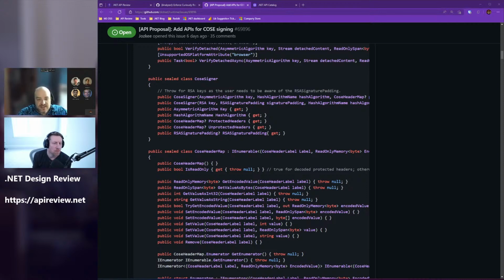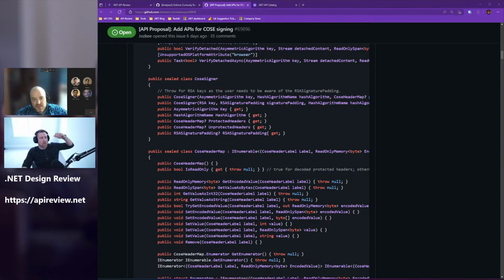So it sort of looks like a dictionary, but because add is weird, we didn't make it an actual dictionary. And in the spec for COSE maps, they don't call them key and value, which is what we use for dictionary.